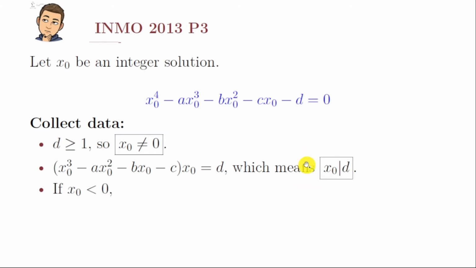And now let us check whether it is possible for the solution to be a negative integer. If it is negative, then it is less than or equal to -1, because it is an integer. Then x0 to the power of 4 is also at least 1. But x0 to the power of 4, we can write another way. That is, x0 to the power of 4 is equal to all of these negative terms put on the right hand side of the equation.